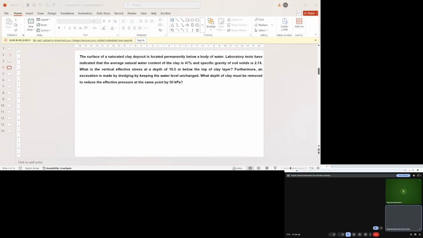Now, at the same point, sigma dash is going to be 29.8.